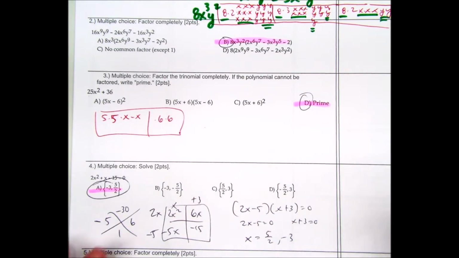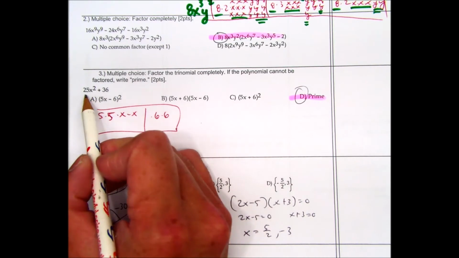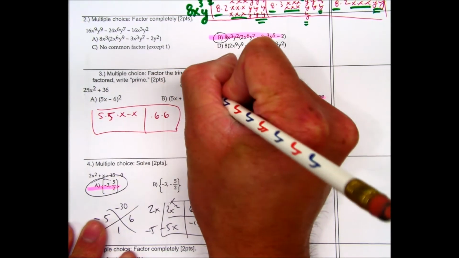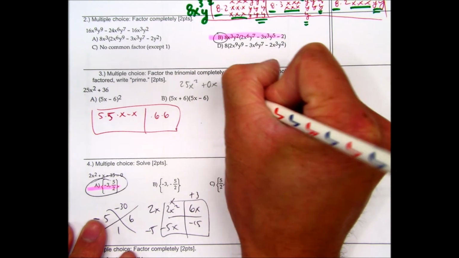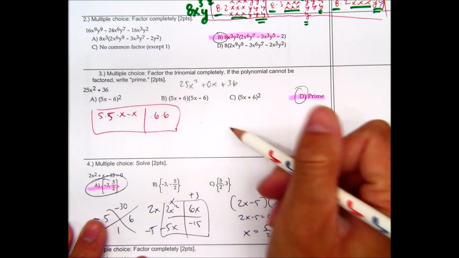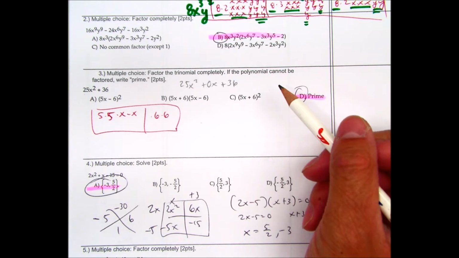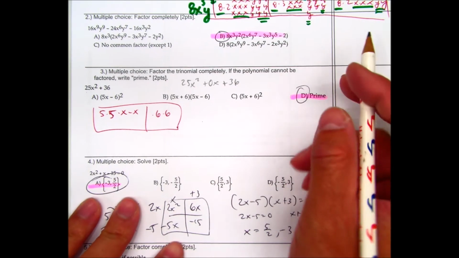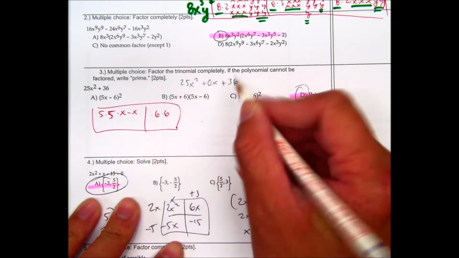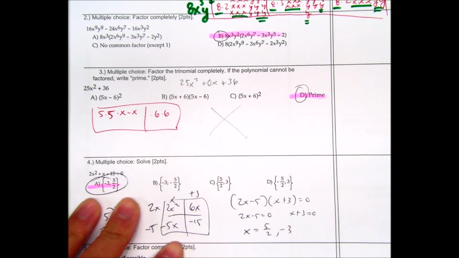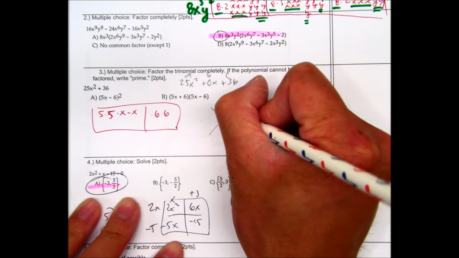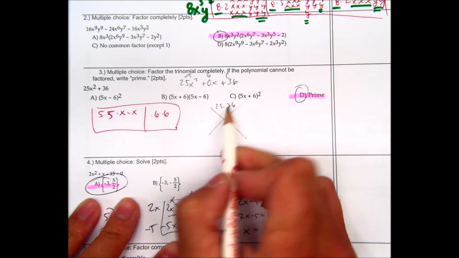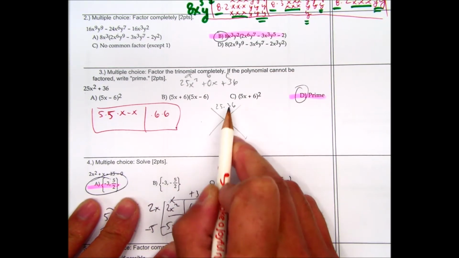Question number 3. If you recognize in this problem there is no b value, so if you do 25x squared plus 0x plus 36, I need 2 numbers that multiply to b. A, B, and C. So A times C, you have 25 times 36. So you have this huge number there, right?